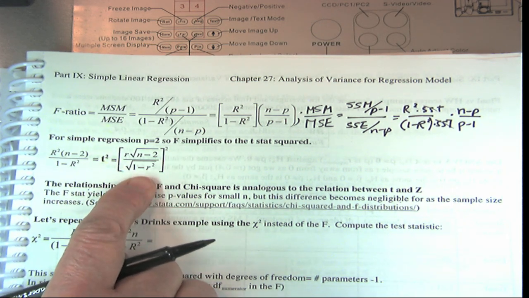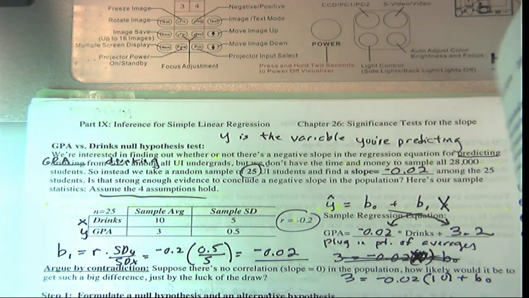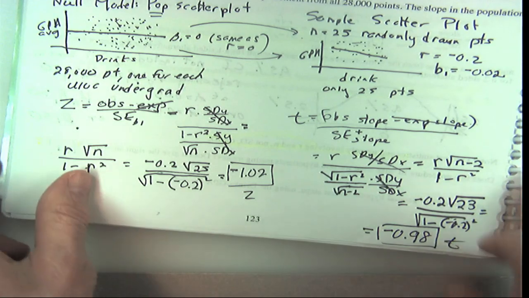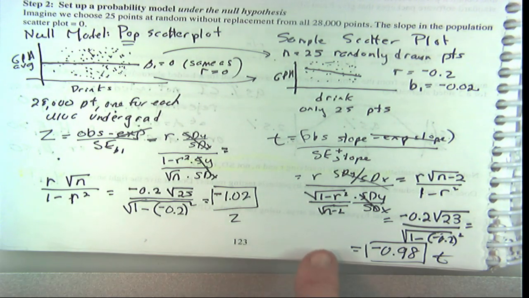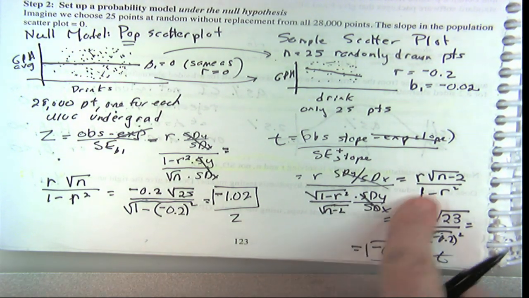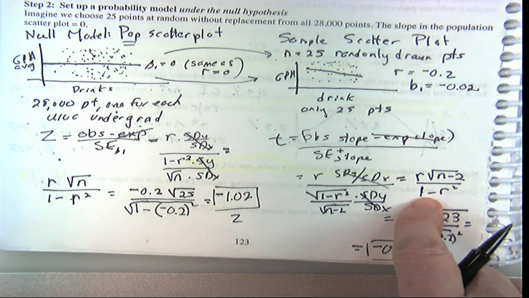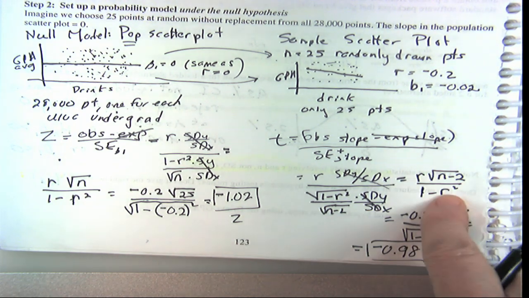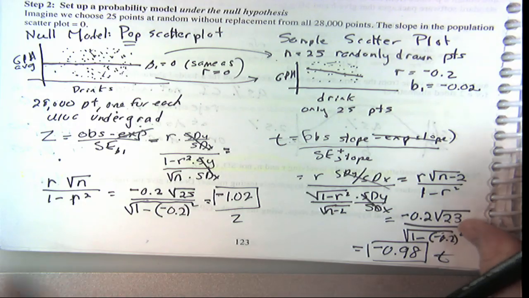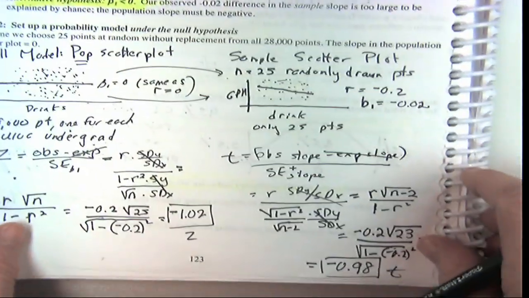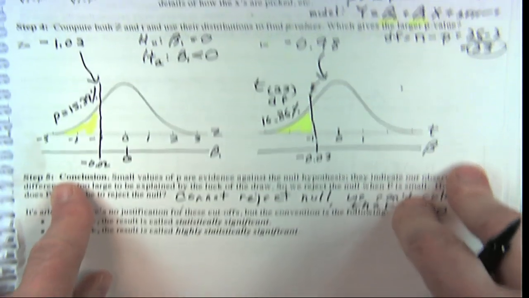That's what we did back here. Remember? That's the same thing. See? So when you square that, this is on page 123, this is the same example I'm doing now. The same example. It's exactly the same thing.